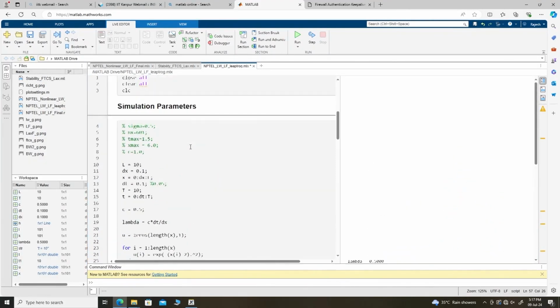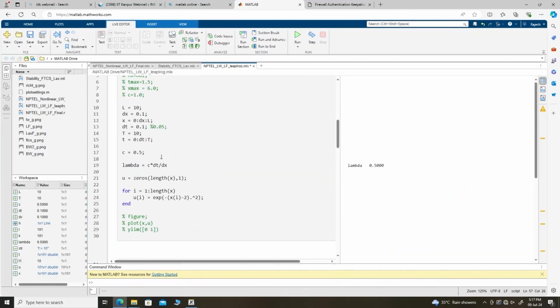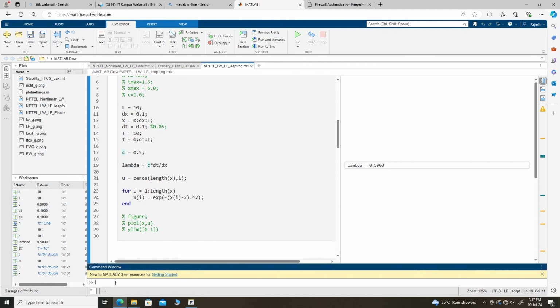Let us use a value such that my CFL becomes 0.1. For that, my dx is 0.1, and lambda, let us say I want to keep equal to 0.1.